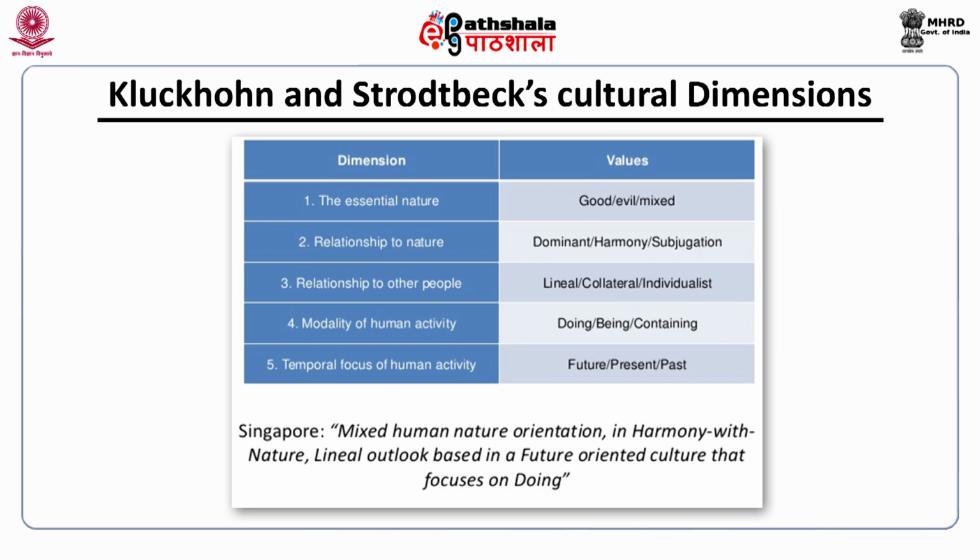The values under these are good, evil and mix; second, dominant, harmony or subjugation; third, lineal, collateral or individualistic; fourth, doing, being and containing; lastly, future, present and past. Mixed human nature orientation, in harmony with nature. Lineal outlook based in a future-oriented culture that focuses on doing.